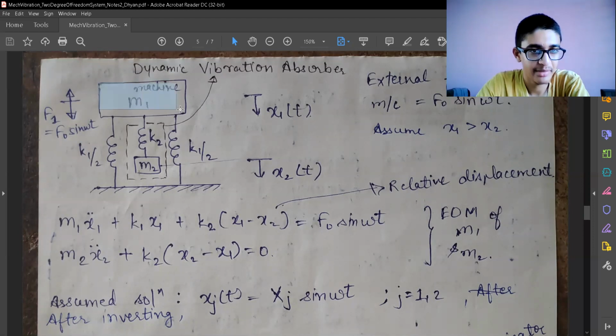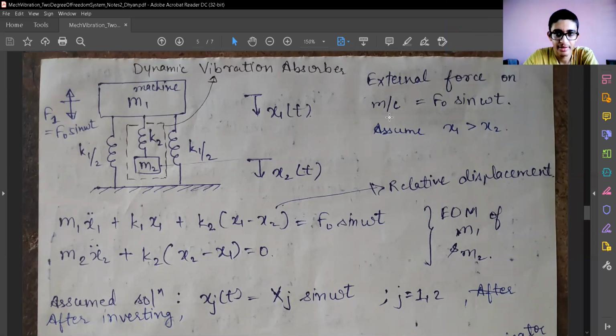So this was my main machine. There are two springs, k1 by 2 and k1 by 2, so they are in parallel, and we have added a vibration absorber, that is m2 mass and k2 stiffness spring. Now the external force applied on the machine is F1, which is F naught sine omega t.